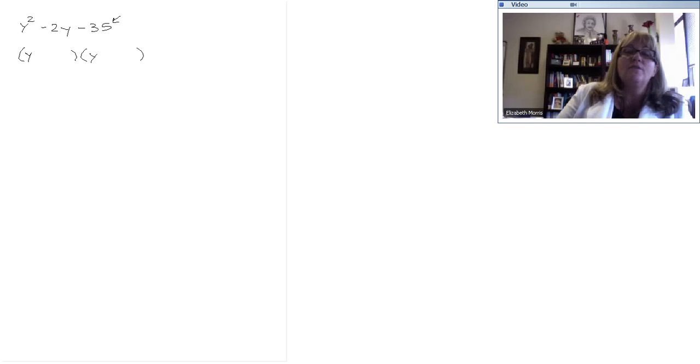Now look at 35. 1 and 35 or 5 and 7. Which set subtracts to give you 2? Well, that would be 5 and 7. On the outside, we get a 7y. On the inside, we get a 5y. If you subtract, that gives me 2y. But I need a negative 2y. So I need to keep the sign of the larger when I subtract. So 5 gets a positive, 7 gets a negative.